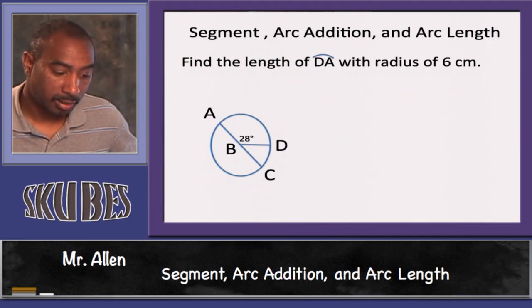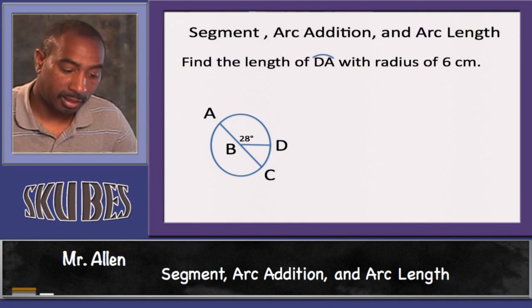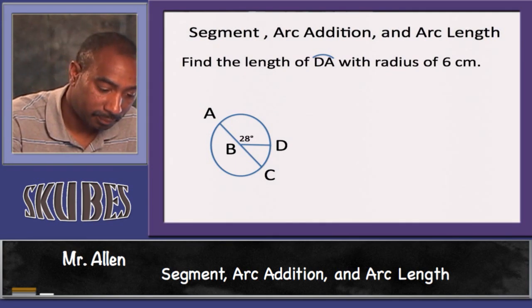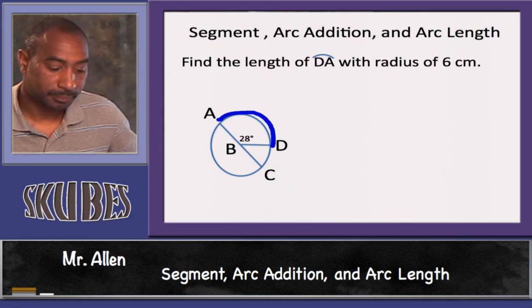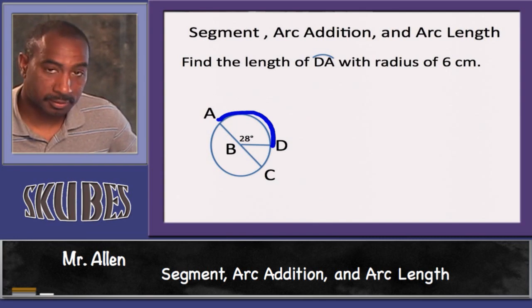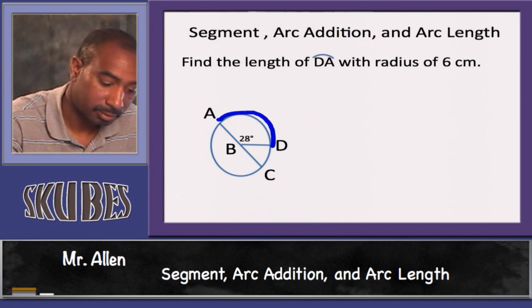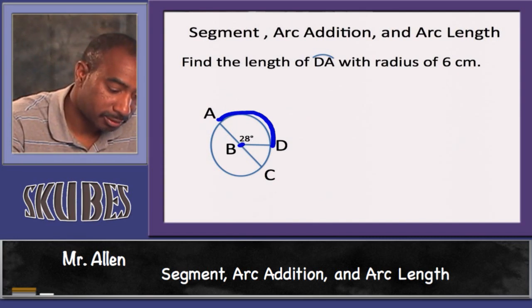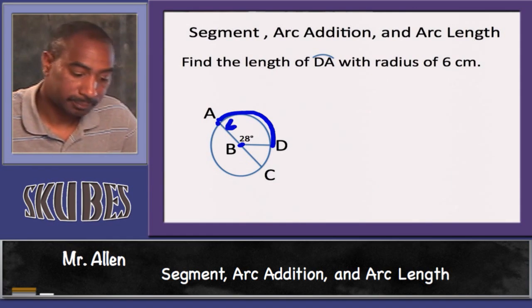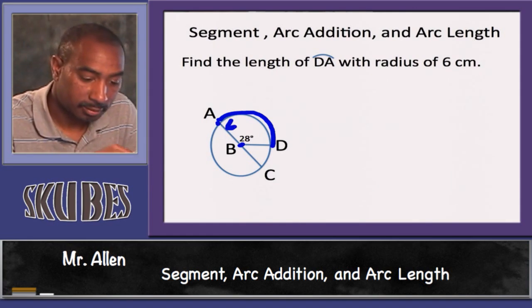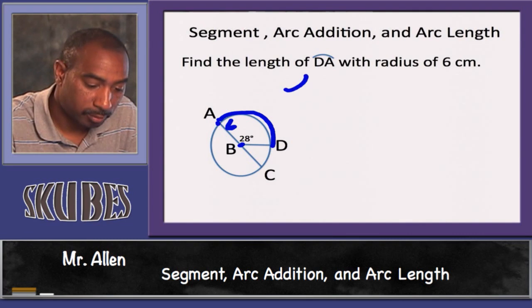Let's try one more. Find the length of DA, the arc of DA. That's this arc here, with the radius of 6 centimeters. So the radius is 6 centimeters. Again, the formula is the length is to the circumference, which is 2 pi r.